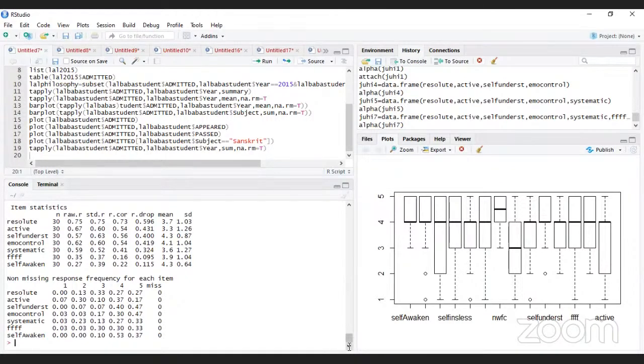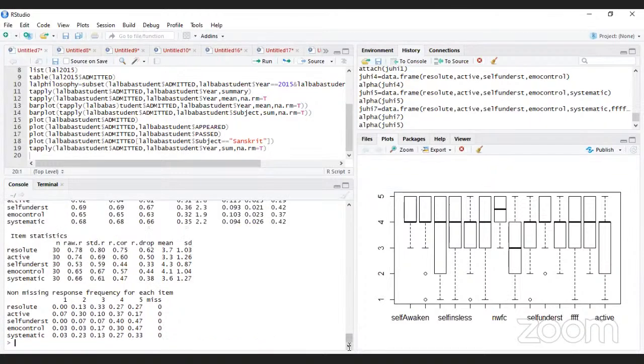So we can limit up to the 5 items. Okay. Then at least we will get better item total correlation. So here you will find the item total correlation is high.